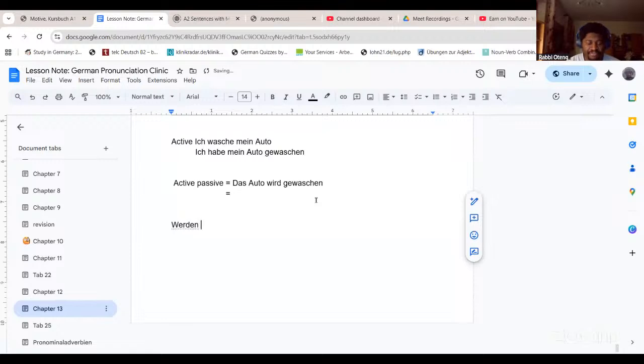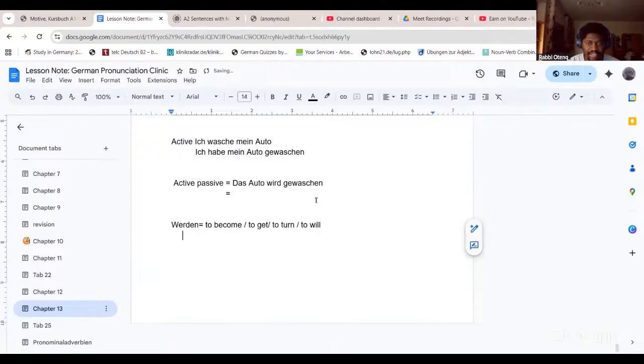Werden means become, to get, to turn, or to will, as in to intend to do something. So the past tense will be what?